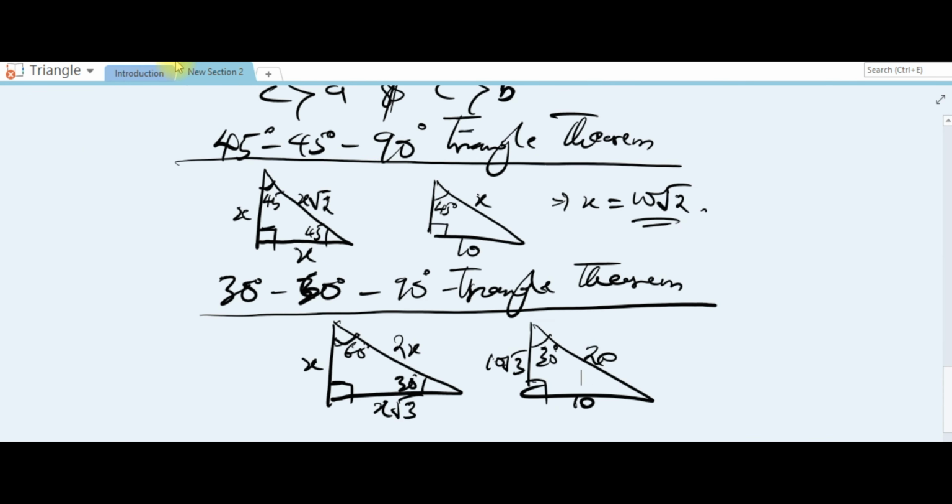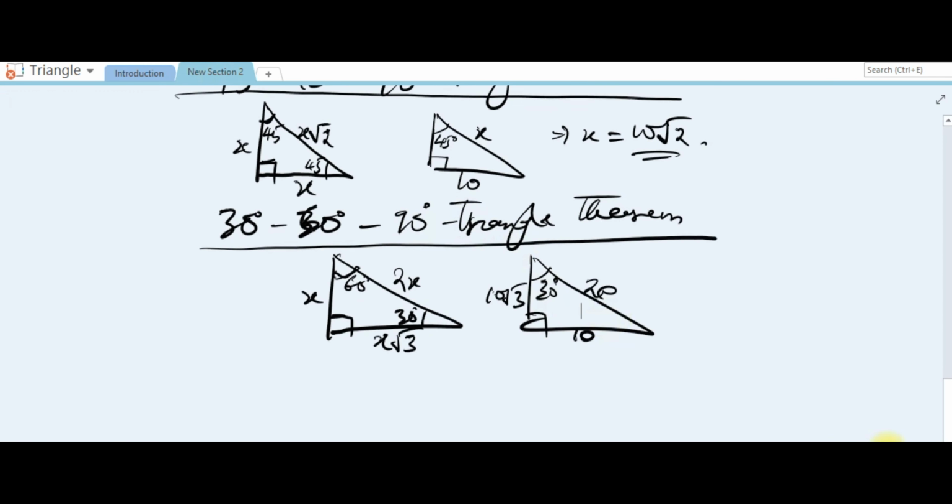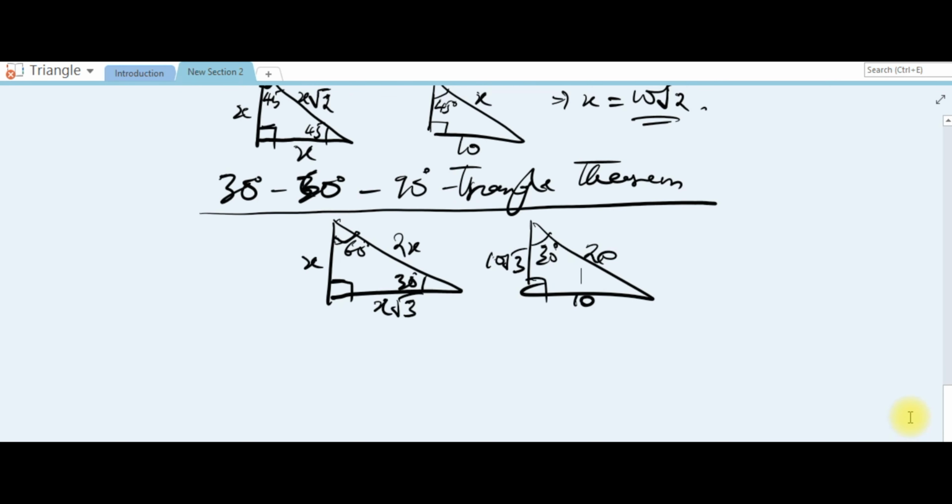The next theorem is the 30-30-120 triangle theorem.